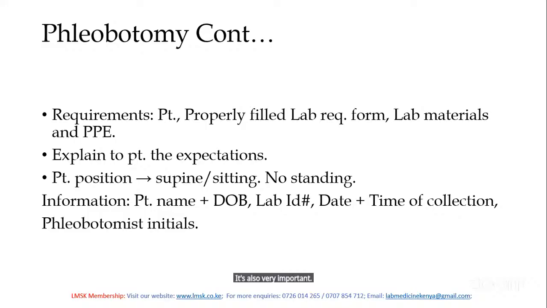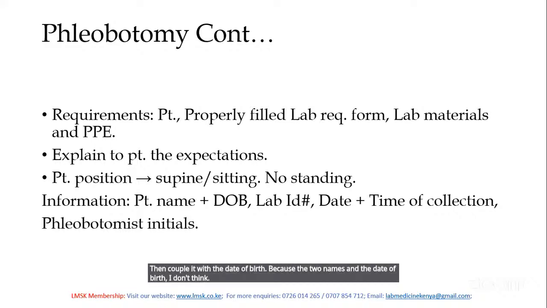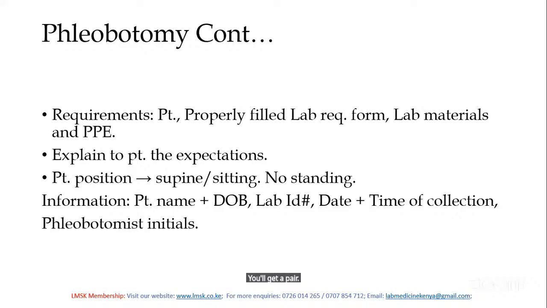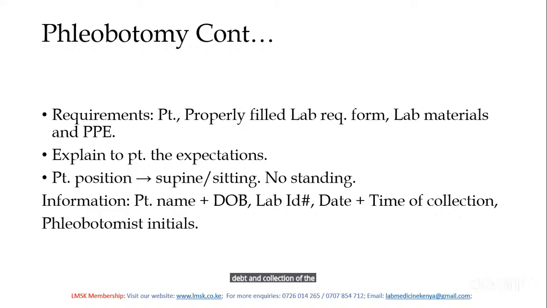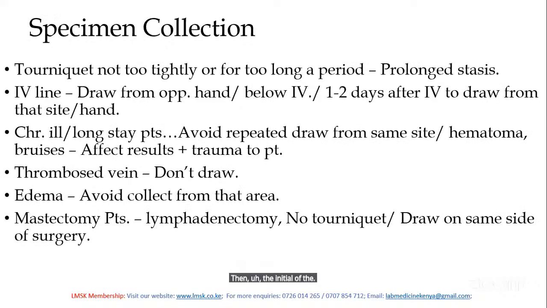So for those who will use two names, couple it with the date of birth, because with the two names and the date of birth, I don't think you'll get a pair with the same date of birth and the same names. Then laboratory ID number, date and time of collection, then the initials of the phlebotomist.